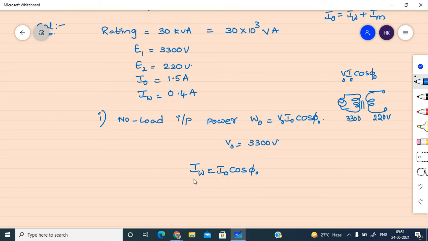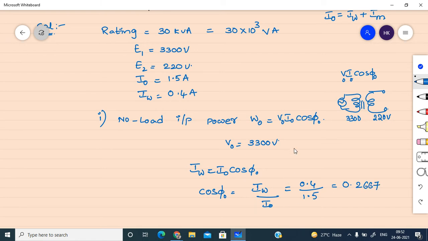So the IW value is given, 0.4. The I naught value is also given, 1.5 amperes. Then we can find out cos phi naught from this. So cos phi naught is equal to IW by I naught, so 0.4 by 1.5. This value will be 0.2667.